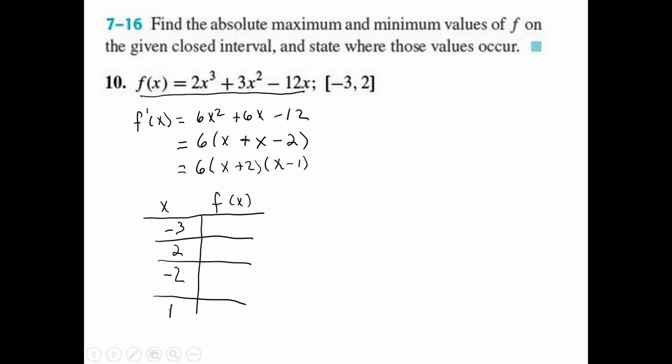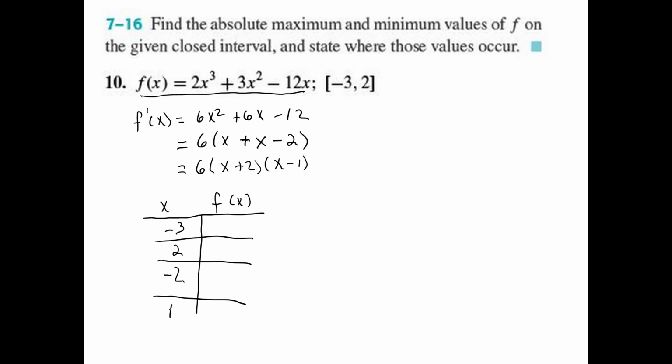Now, the quickest way to do this is to take out your calculator, go to your y equals, and put in your original function, 2x cubed plus 3x squared minus 12x. Now you should practice this as well because you need to be able to use your calculator. And then you go to your table set and make sure that it's on ask.